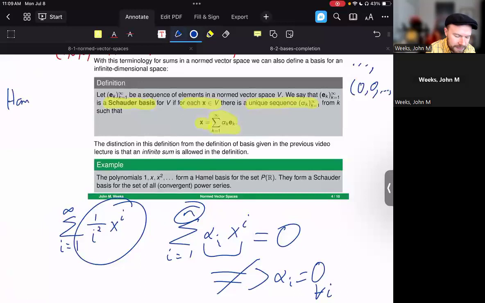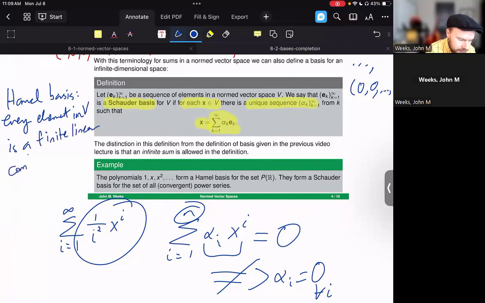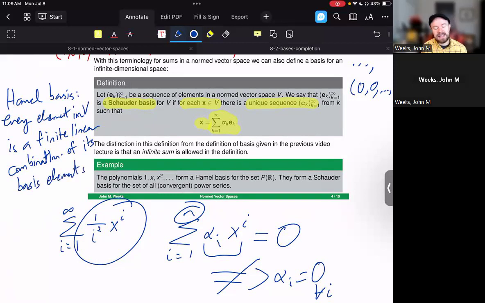Hamel basis means every element in V is a finite linear combination of its basis elements. Whereas a Schauder basis says there exist elements in V that are infinite linear combinations.